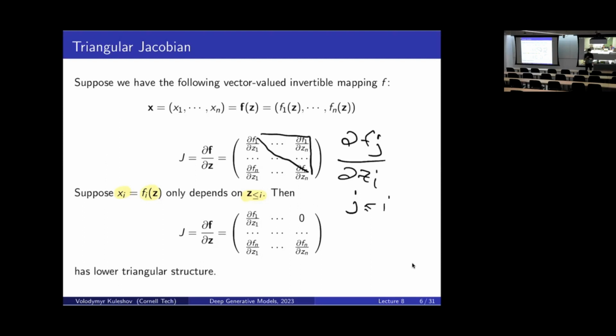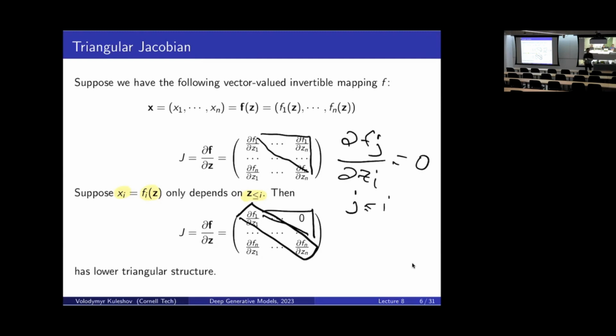Where j is less than i, this would be 0, because of this dependency structure. Anything that's in this block has to equal 0 because of this autoregressive type of assumption that I just made. And we know that if a matrix is triangular, then the determinant is simply the product of terms on the diagonal. Therefore, we can compute this determinant in linear time.